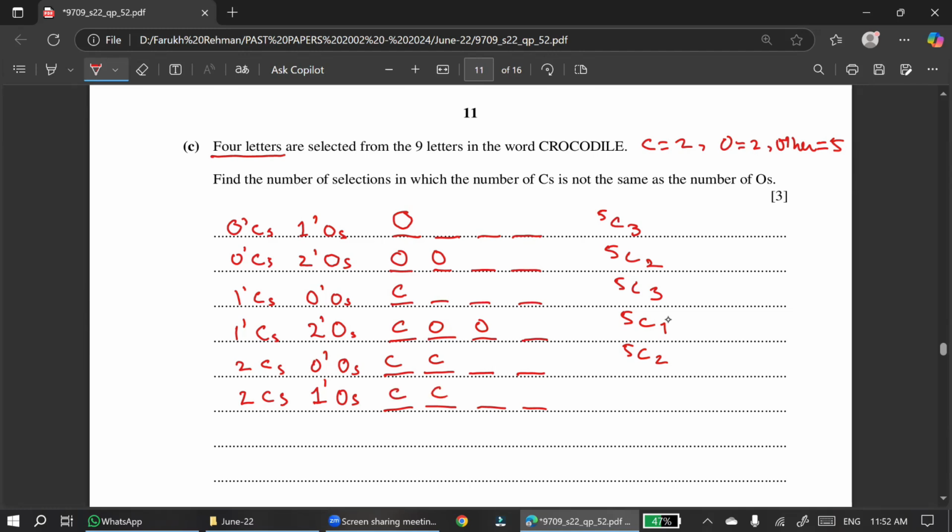Two C's and 1 O: 5C1. 5C3 is 10, 5C2 is 10, 5C3 is 10, 5, 10, and 5. So the total number is 50. There are 50 ways in which we can select four letters from the word crocodile such that the number of C's is not equal to the number of O's.